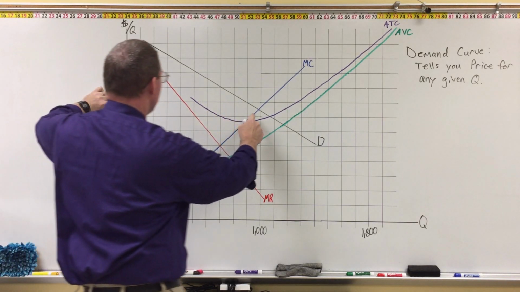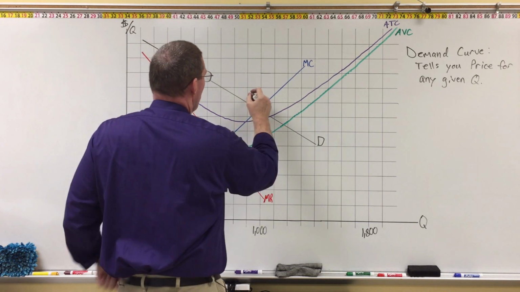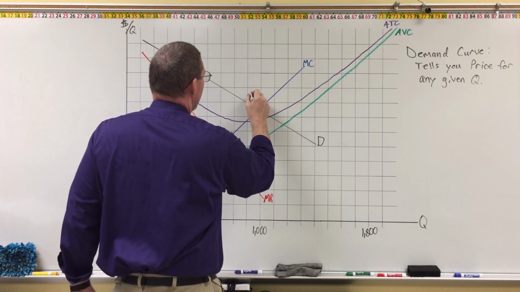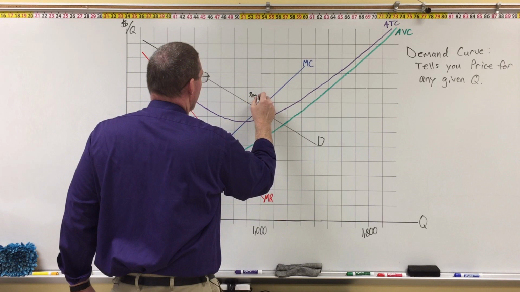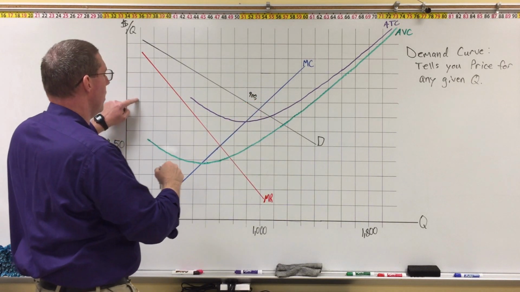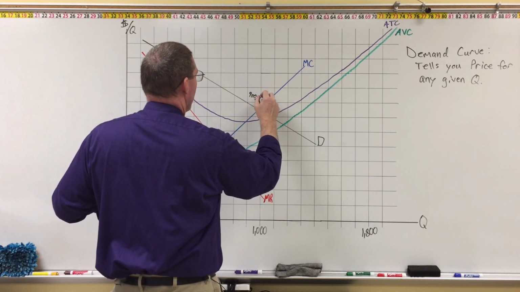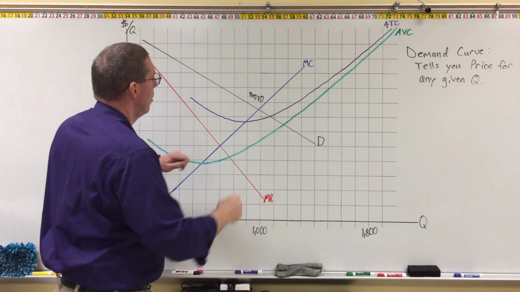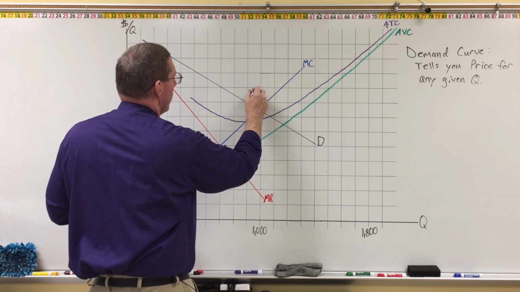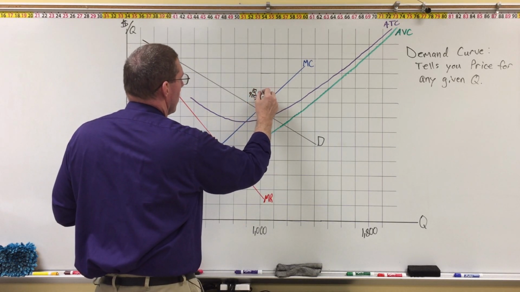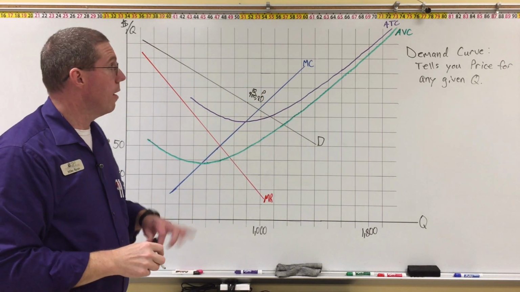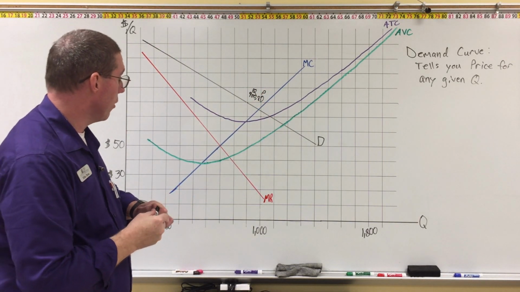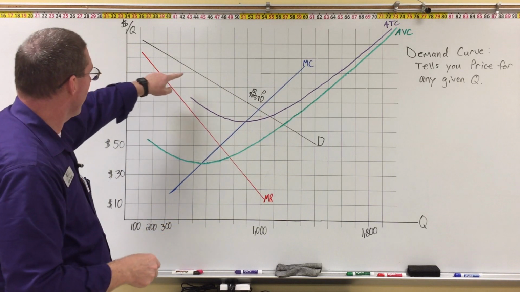So this point has a quantity of 900 and a price of 80. At a quantity of 900, we have a price of $80. That is the job of the demand curve, and you can do the same thing all along the demand curve.